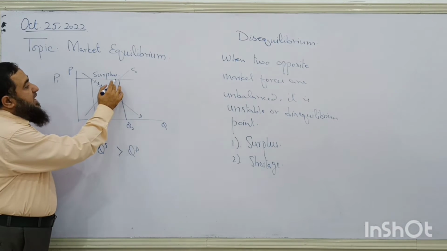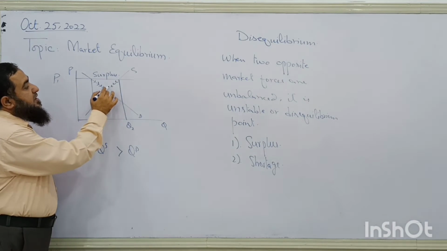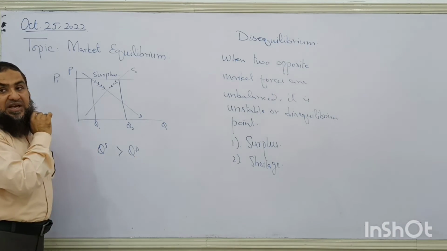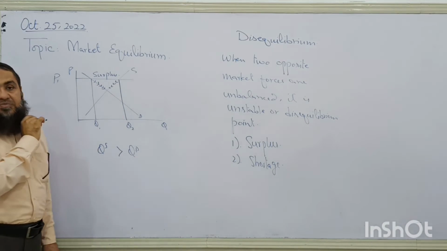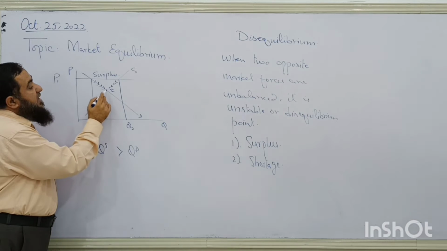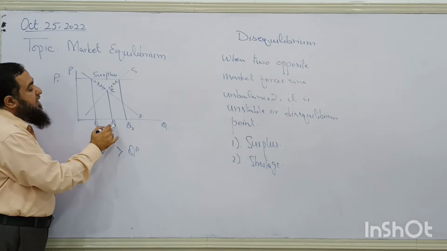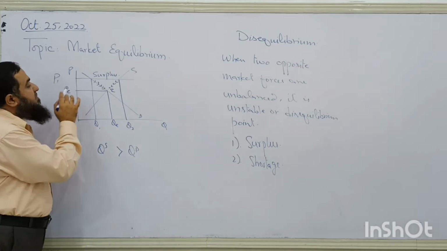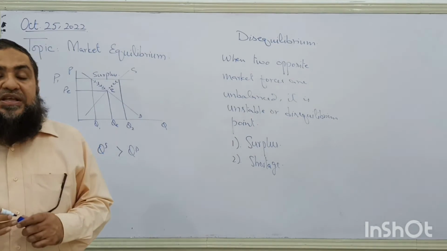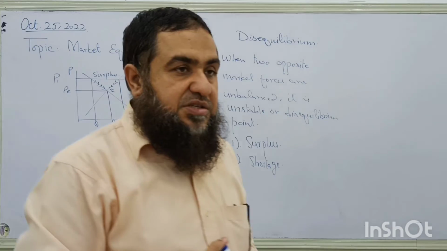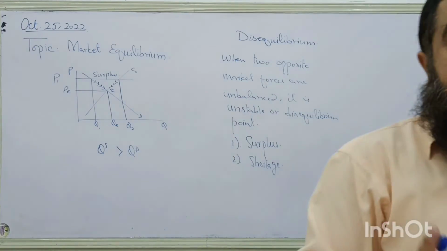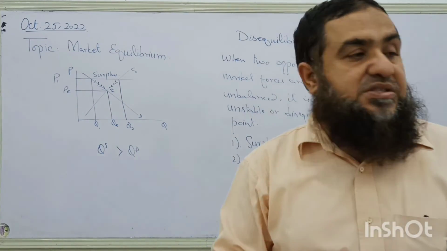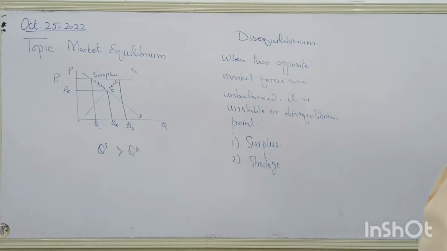Whereas when the price level is decreasing, what happens? Sellers are decreasing their quantity supplied. Again, they will reach the point where whatever is demanded is supplied at this equilibrium price. So when there is a surplus in the market, it will put pressure on the market prices to go down.